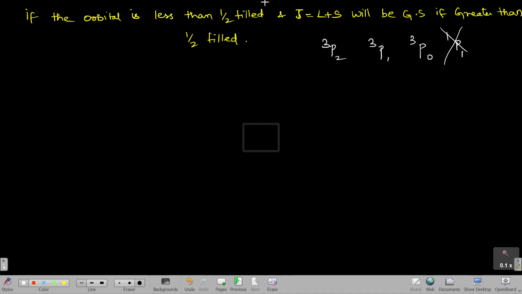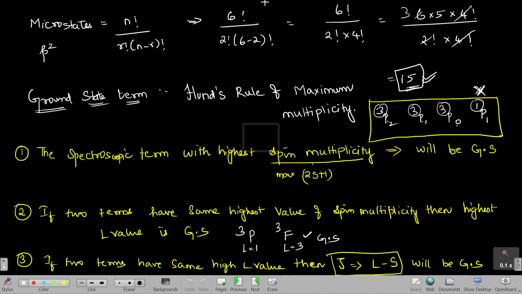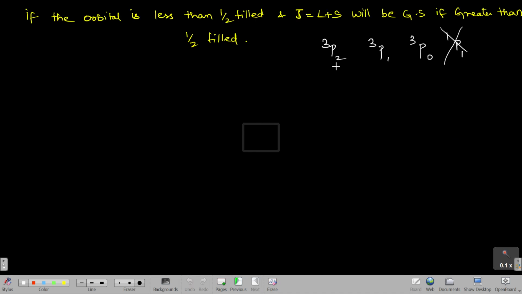If it is less than half filled, so what is the configuration here? P2. P2 is basically less than half filled. So whenever you have an orbital with a less than half filled configuration, you use the formula L minus S. J value is equal to L minus S. So here for P2, the S value is equal to 1, right? Triplet, triplet, triplet. S value is 1 and L value is equal to 1.